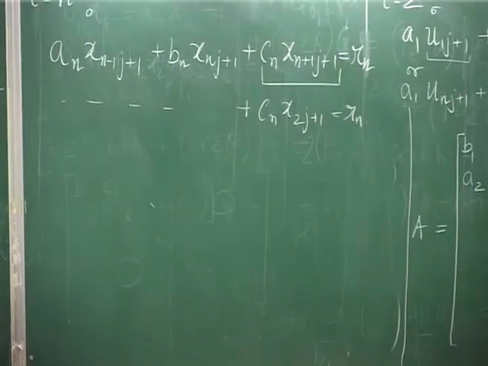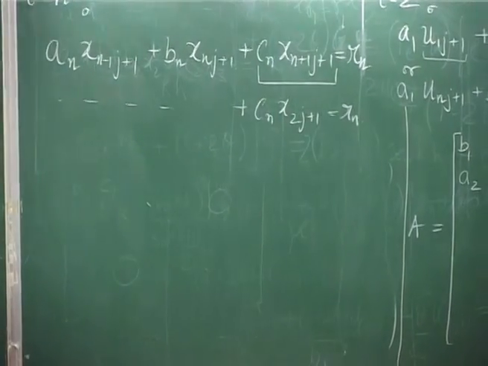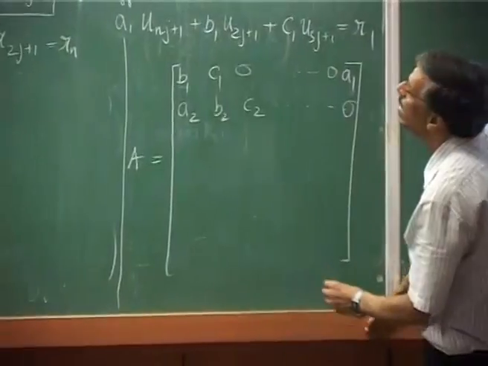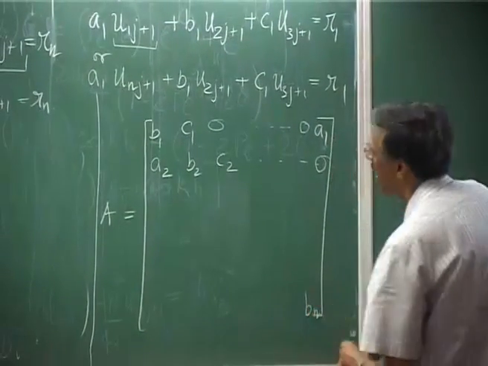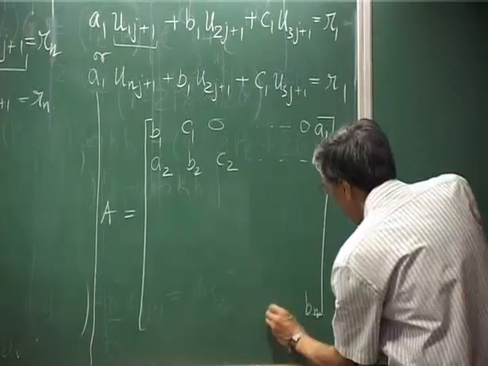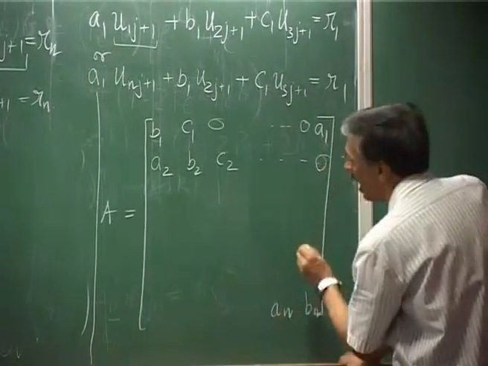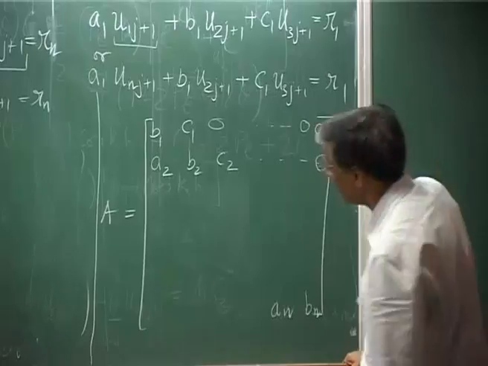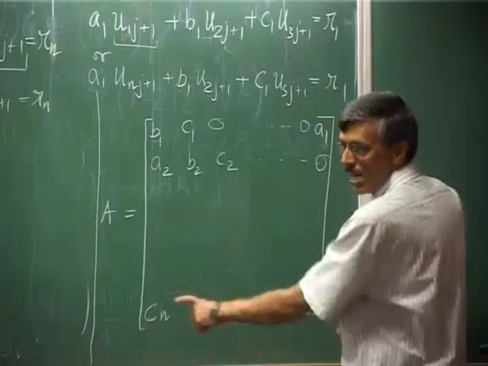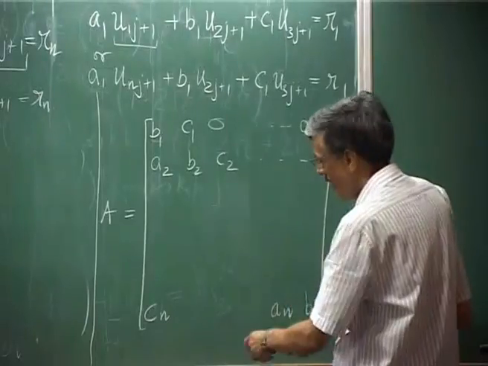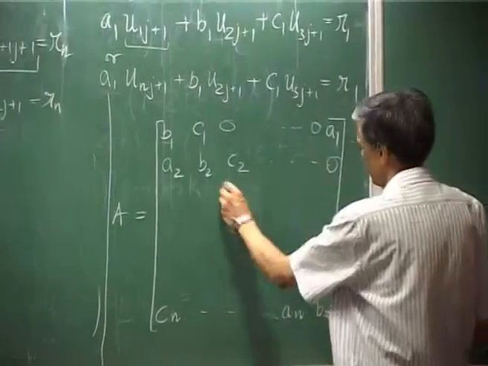Now if I look at the last equation, bn remains here and an remains here, and cn goes where? cn comes here, because that corresponds to x2, right. So this is the structure.